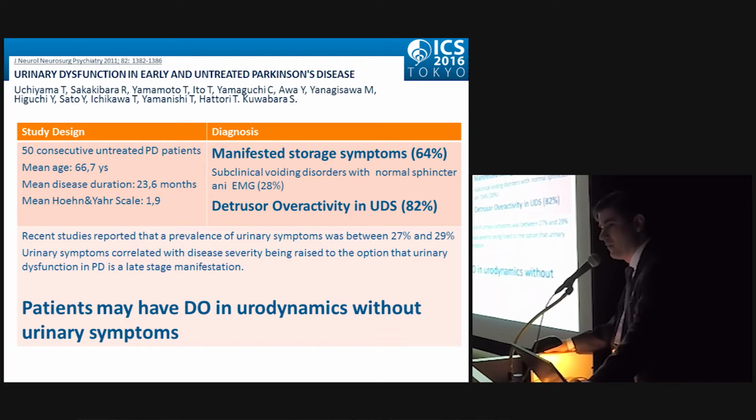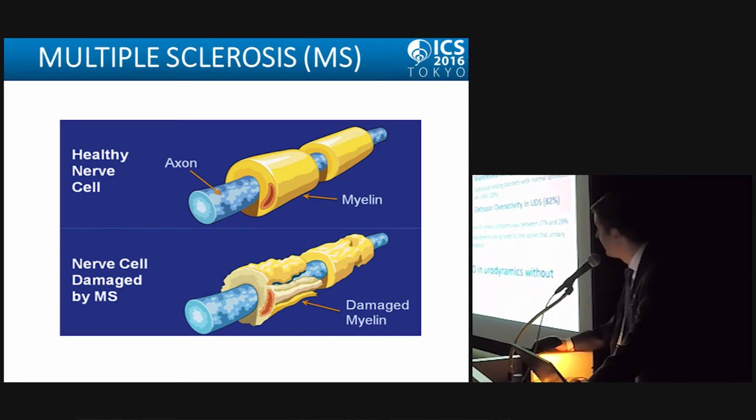And for those patients who had urodynamics, 82% had detrusor overactivity. But we should also remember that patients with detrusor overactivity in urodynamics may present without LUTS. So at an early stage it is not as common as the urodynamic finding.